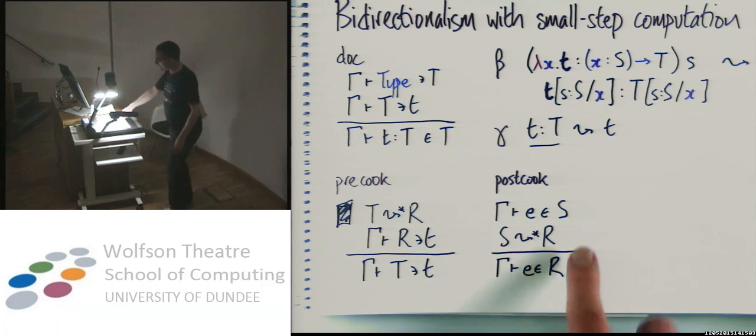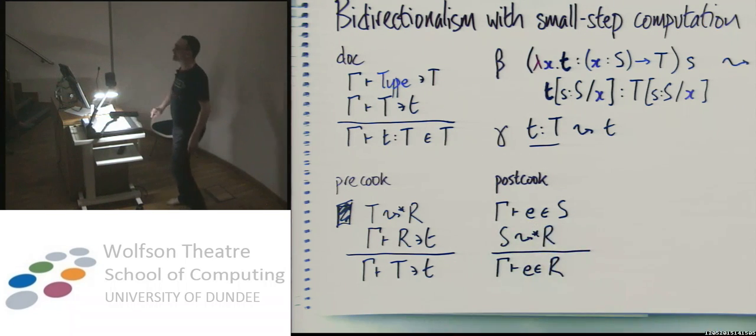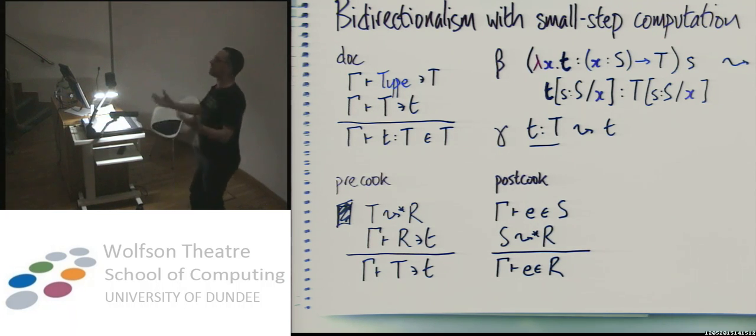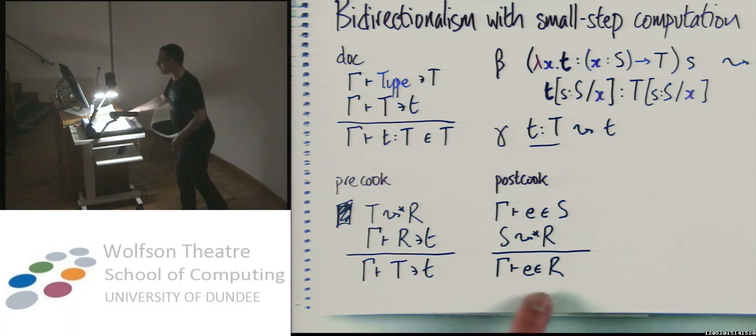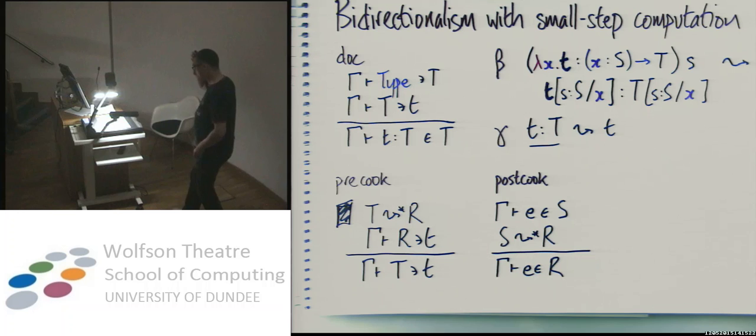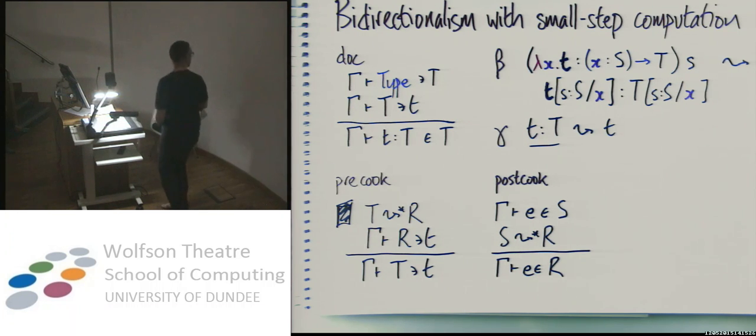Similarly, if we are synthesizing a type for something that we hope is going to be a function, but the type of the function doesn't look like a pi type yet, then we can compute it a little bit before we carry on with the rest of the type checking process.